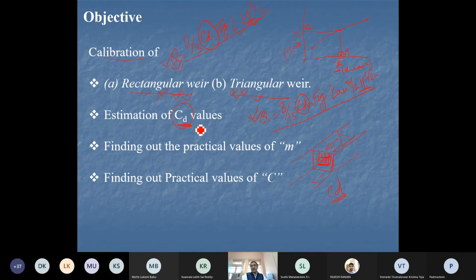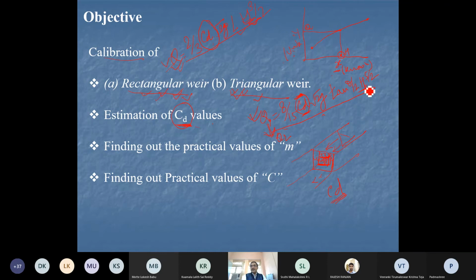How can we do that? We know the relationship. So if we are taking a number of observations by changing the discharge, we are measuring the discharge because it's an observation. So for taking Q1, Q2 conditions, CD is constant for the weir. It will not change theoretically.